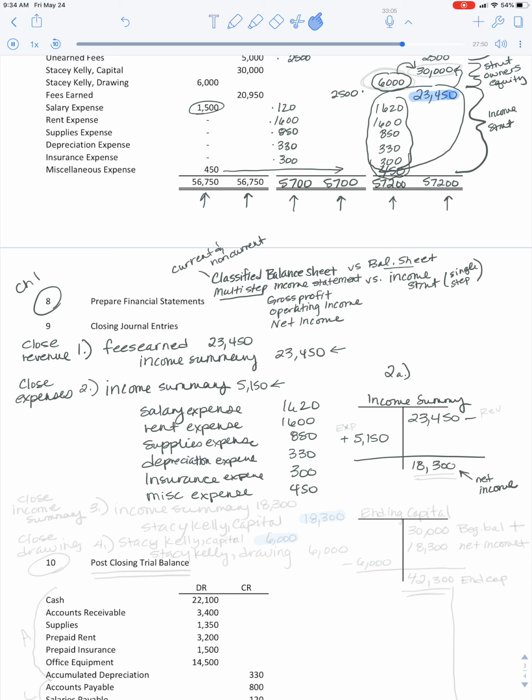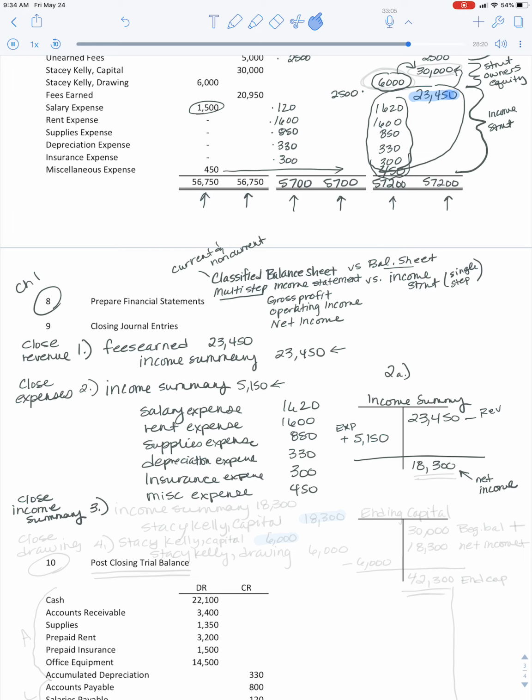That's what that number represents, because it's essentially revenue minus our expenses. So the number sitting in income summary right now is net income. So we're going to close as step number 3. We are going to close income summary to our capital account.